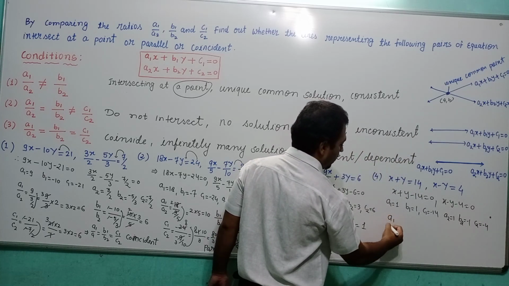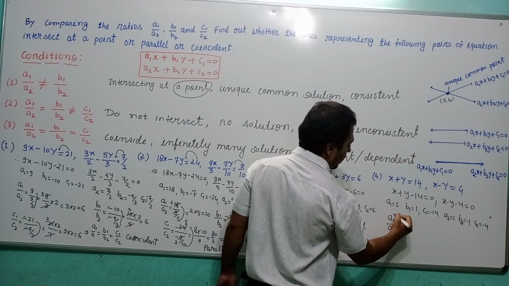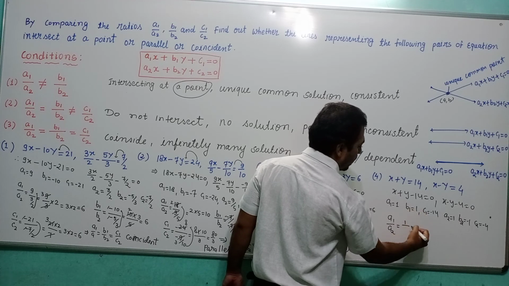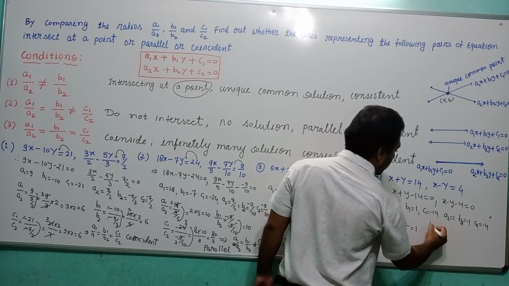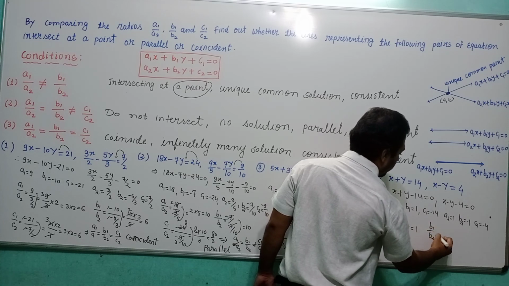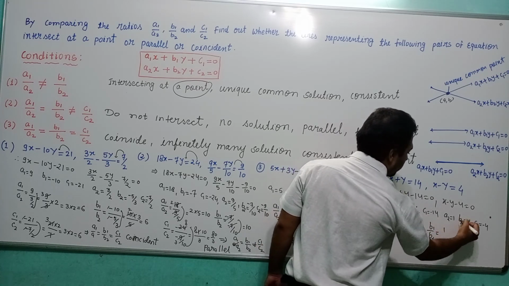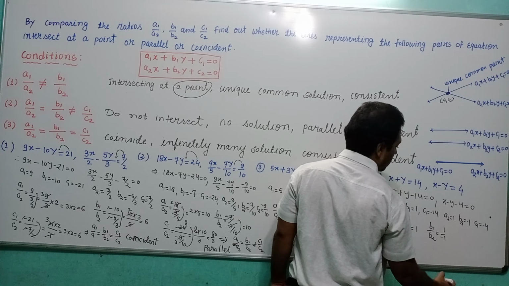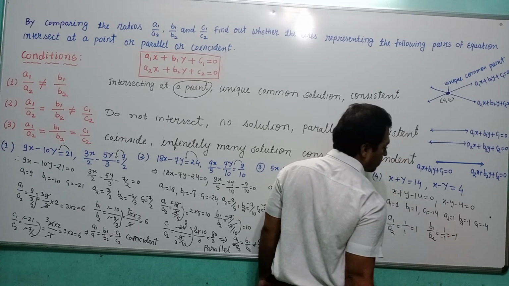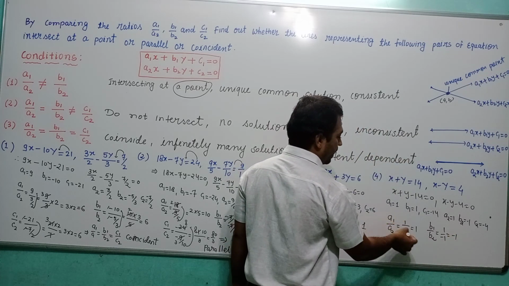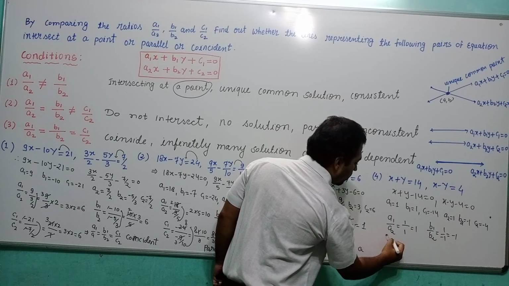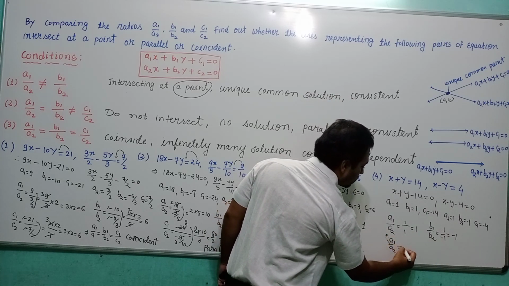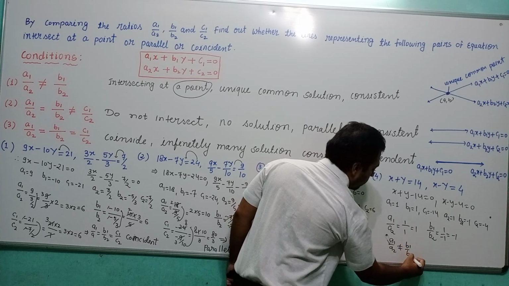Okay, now finding a1 by a2, the value of a1 is 1 and a2 is 1. So what we are getting? 1. Similarly, b1 by b2, the value of b1 is 1 and the value of b2 is minus 1, right? What we are getting? Minus 1. So obviously a1 by a2 is not equal to b1 by b2.